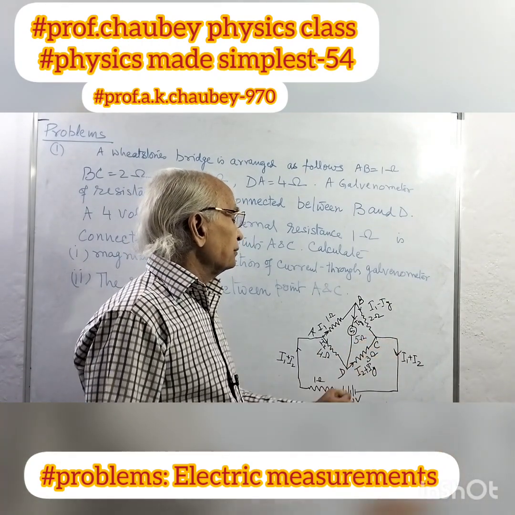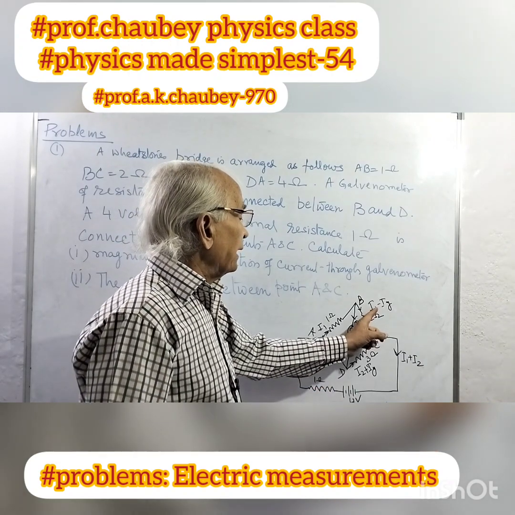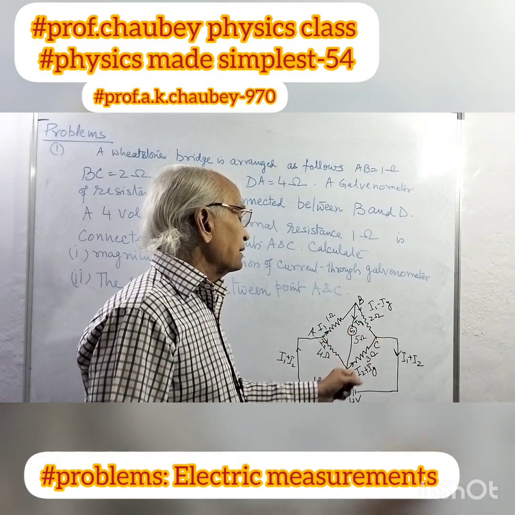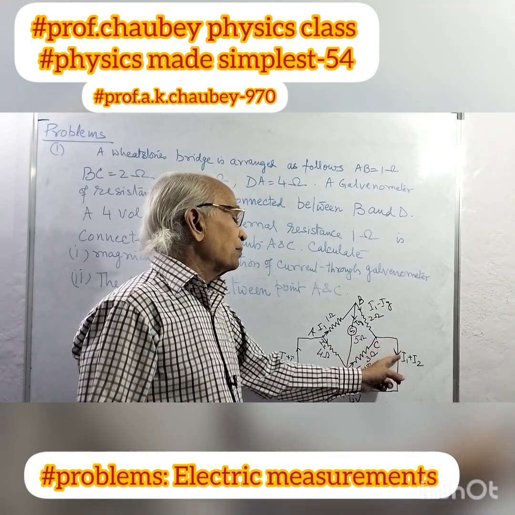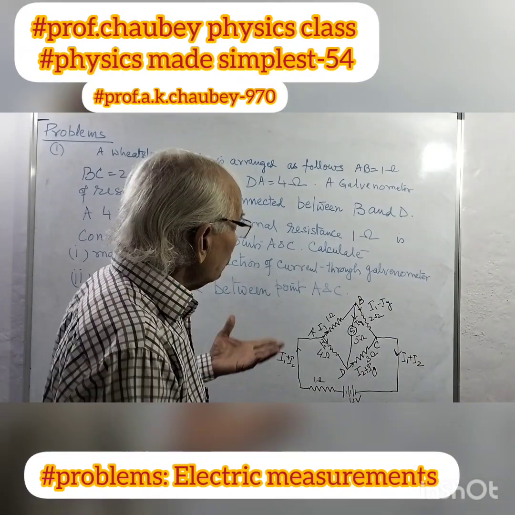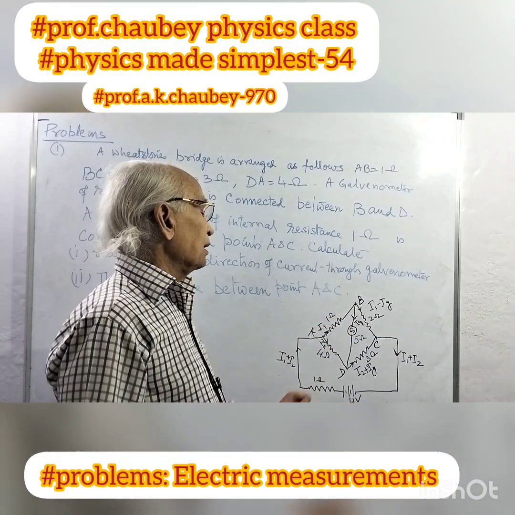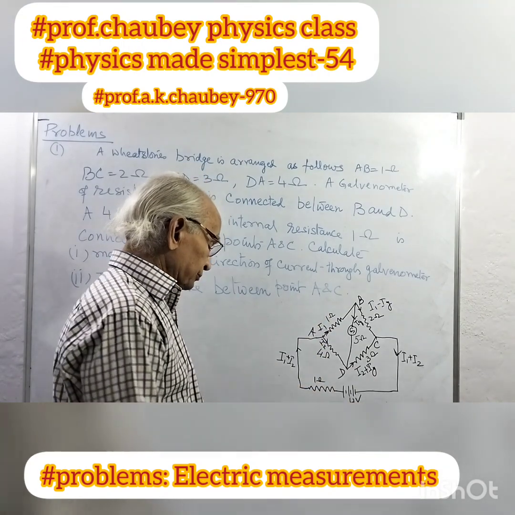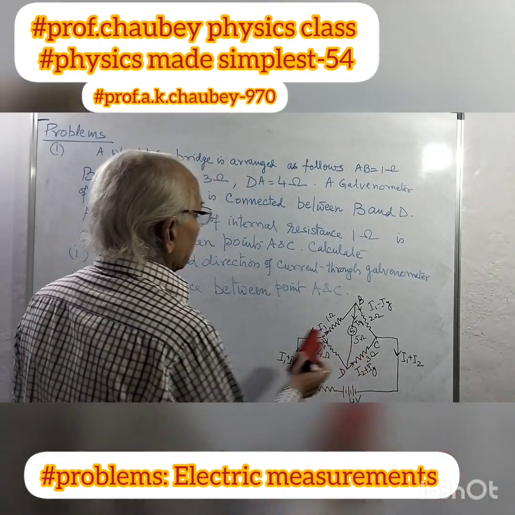And finally here, because it is I1 minus Ig and I2 plus Ig, Ig cancels, so the current becomes I1 plus I2 again. This is the complete circuit. Now we have to calculate the value of Ig, and we have to find the equivalent resistance between A and C. So this is the problem.